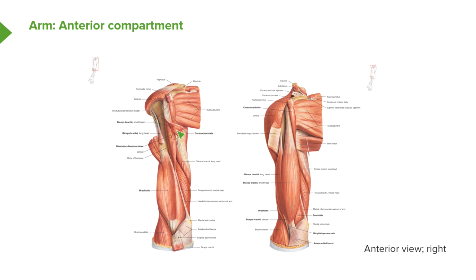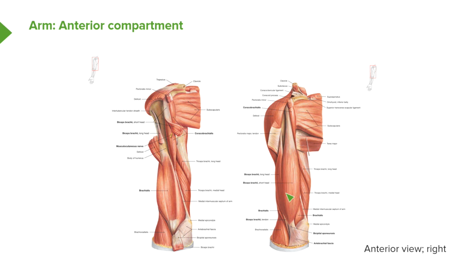We can also see the short head of biceps here. The muscle belly of biceps is in place here, and we've removed it on this picture to see brachialis lying underneath. So hopefully you can appreciate that brachialis is sitting directly deep to the biceps brachii muscle.